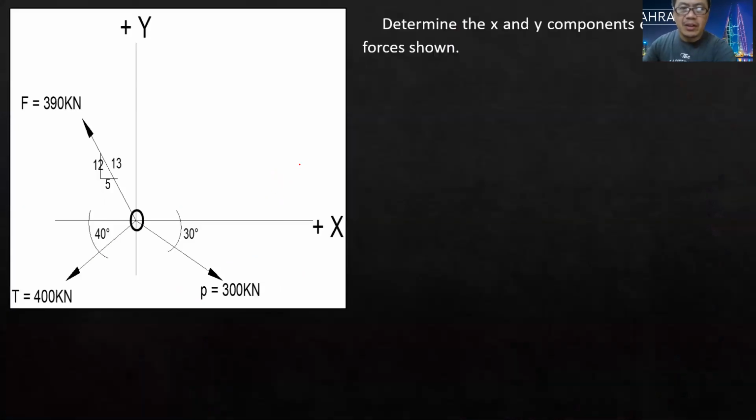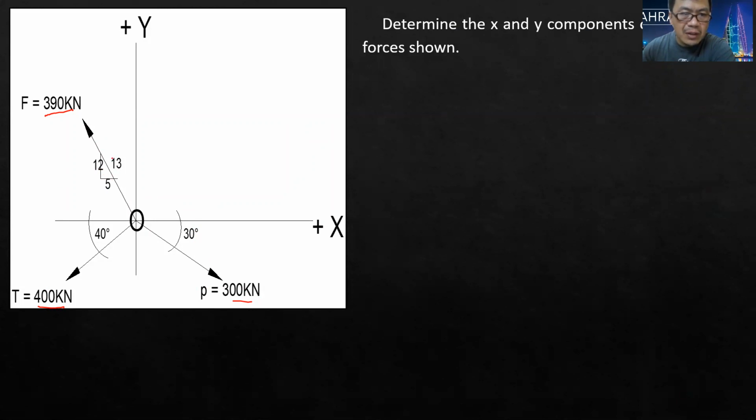Okay, so for example, we have here a force system. You have force F equal to 390 kilonewton, force T equal to 400 kilonewton, and force P equal to 300 kilonewton, with their respective angles. For F, we have this slope 12:5.